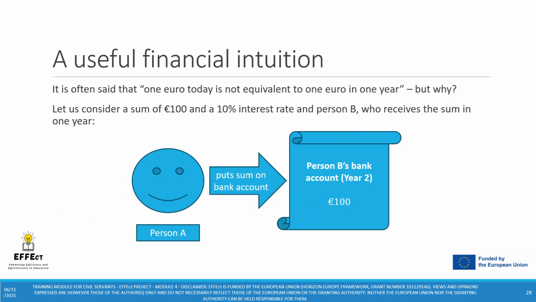Let us now consider the case of person B, who also receives a sum of €100, but in 1 year. If person B now puts €100 on their bank account in 1 year, their bank account next year will only be €100 and not €110.